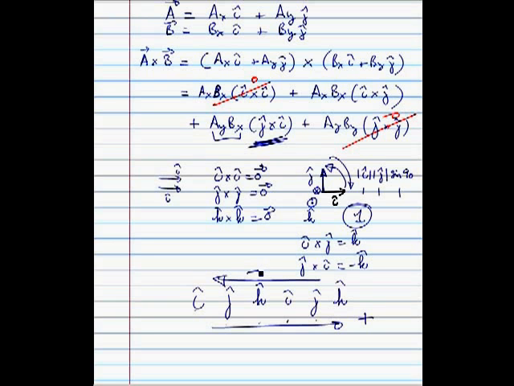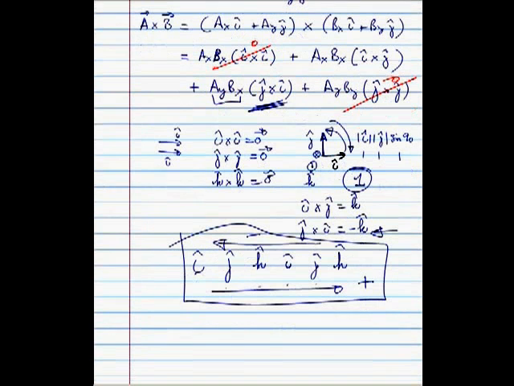So the convention is right positive, left negative. Therefore, k cross j will give you minus i. j cross i will give you minus k. That was the one. i cross k will give you minus j. So it's a nice mnemonic trick.